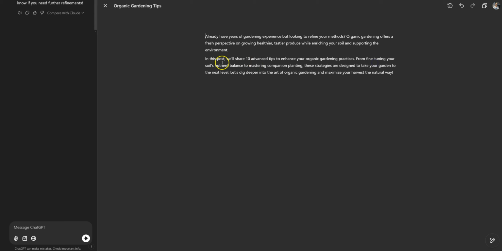So if you're writing an introduction, simple things like that. Aim for a professional, aim for a beginner, aim for someone who's been out of the game for 10 years, because it will then say, well, should we try that? Write this introduction as if someone is just coming back into gardening after 10 years.